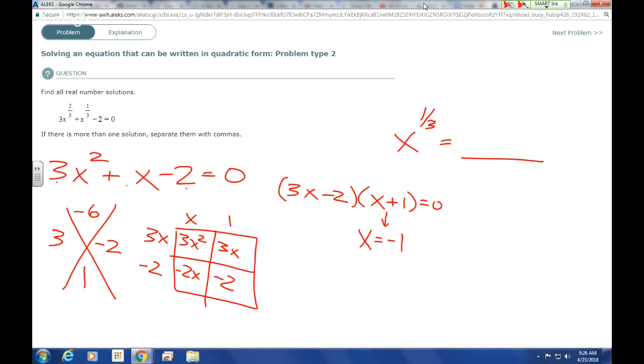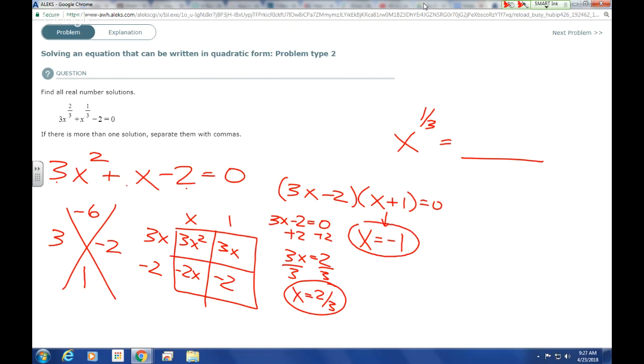When I do it in my head, sometimes I mess up. But we're asking, when does this thing equal 0? I can set it equal to 0 and solve it. So I'm going to add 2, and then divide by 3. So x equals 2/3. And I should circle these very lightly because those are not the answers.